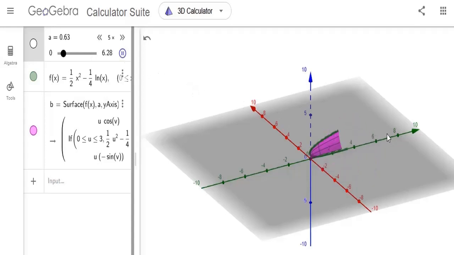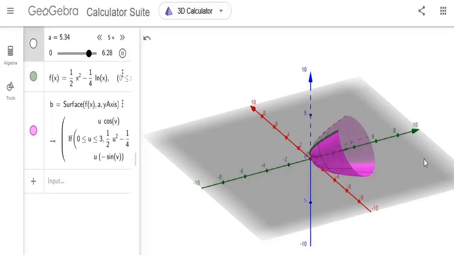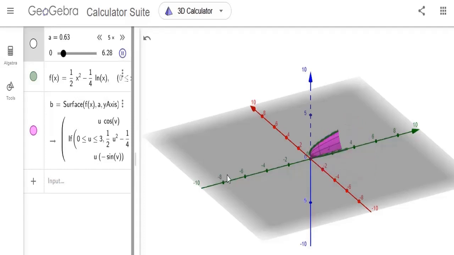Again, it is rotating around the y-axis. Okay, so let's remove the plane.